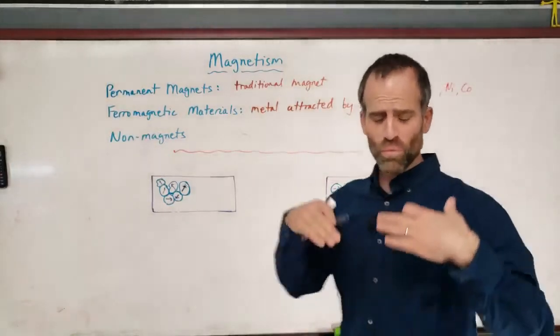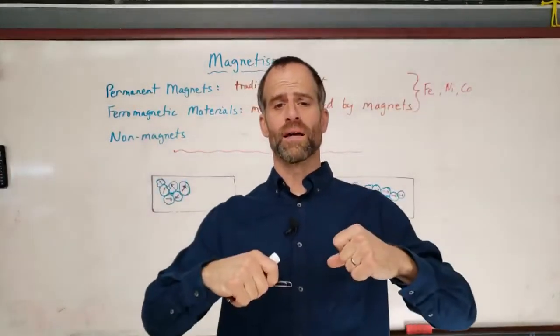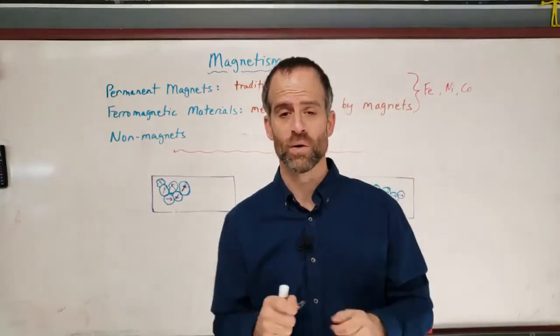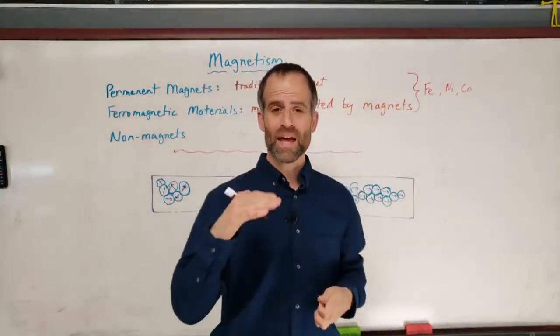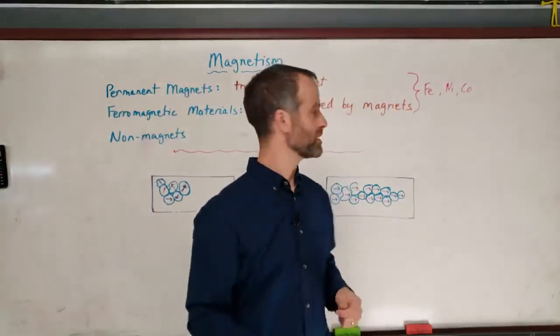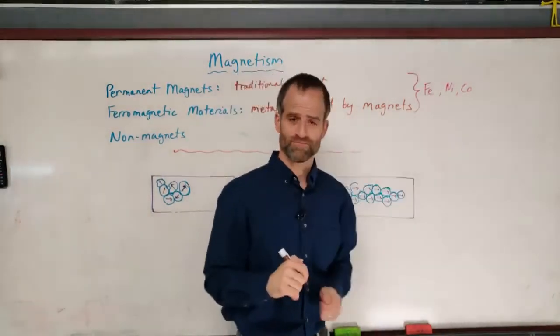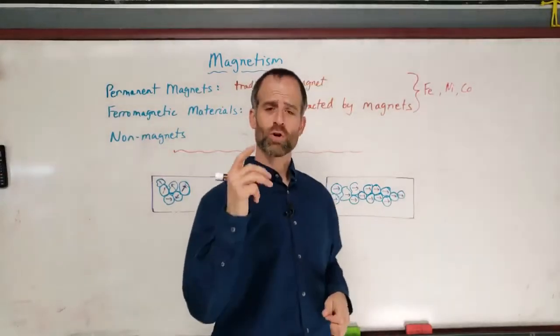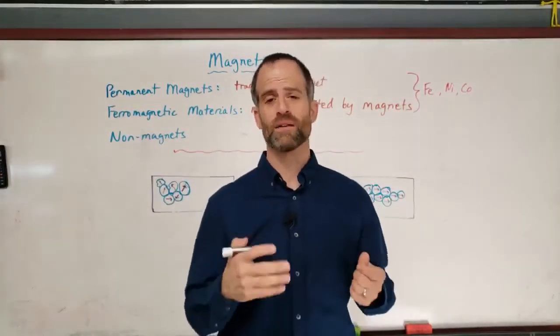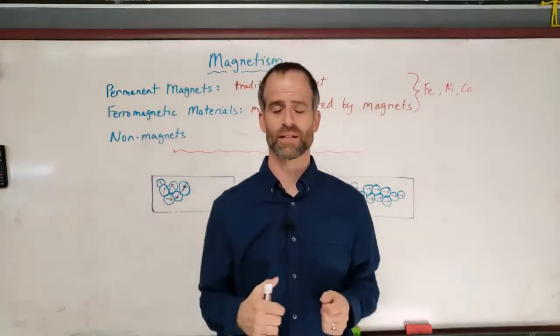Next thing, why is a material magnetic? There's a few things you need to know. First of all, in that material, they need one of three metals: iron, cobalt, and nickel. Okay, iron, cobalt, nickel. The other metals do not become magnetic, or at least not significantly.